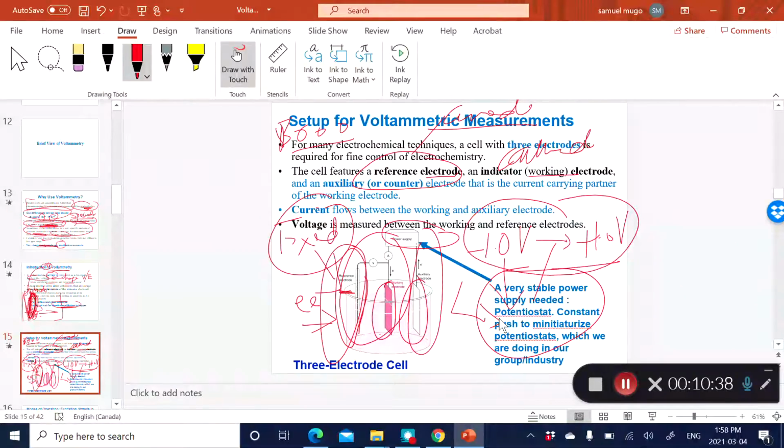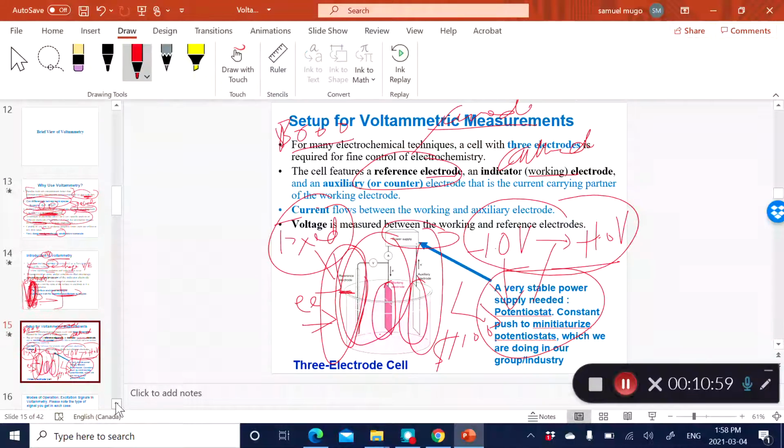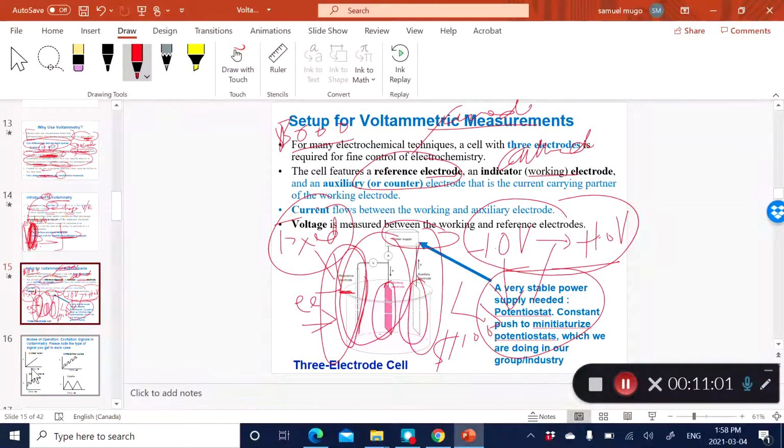Our goal is to make a potentiostat that can cost around $100, making chemical analysis very inexpensive and accessible, even for other universities in some countries that may not afford these very expensive types of instrumentation.